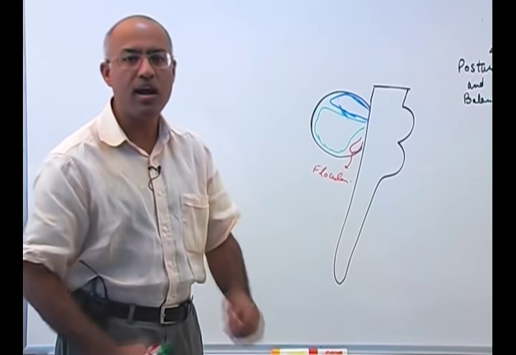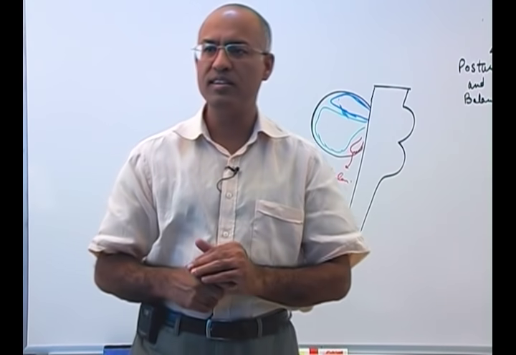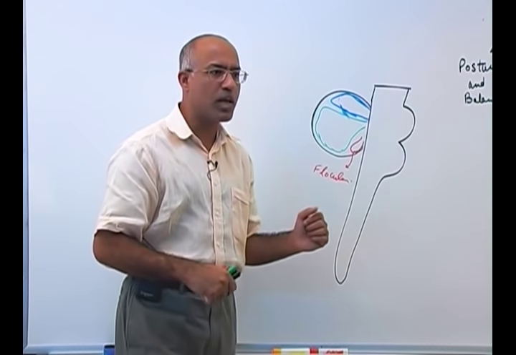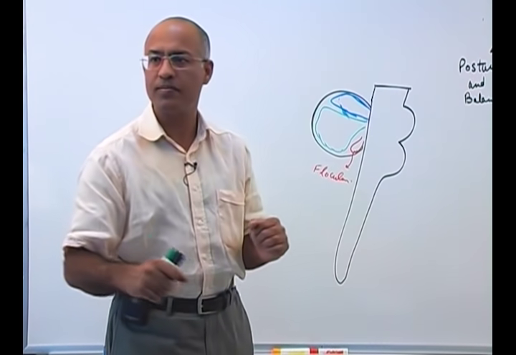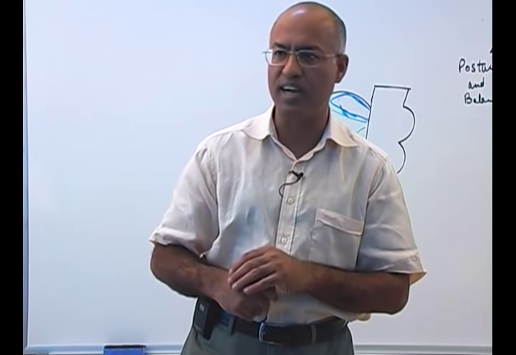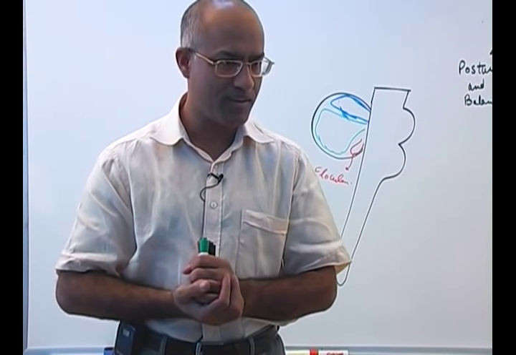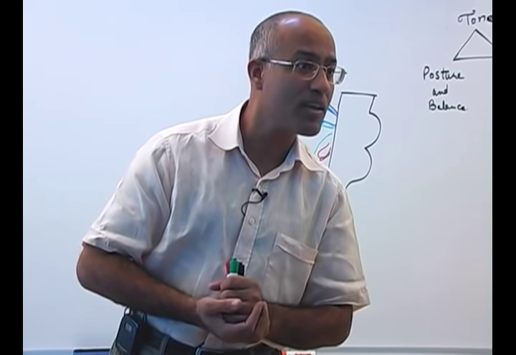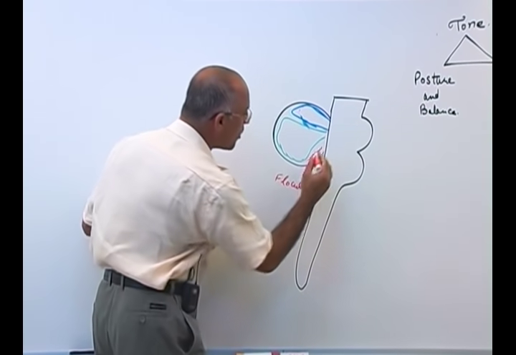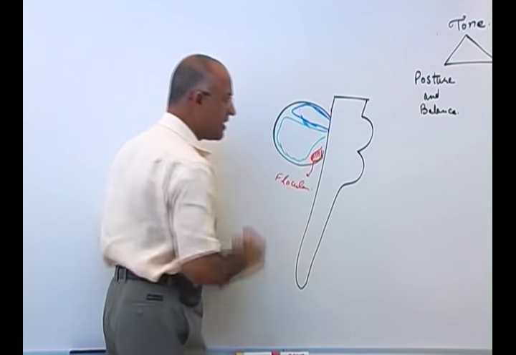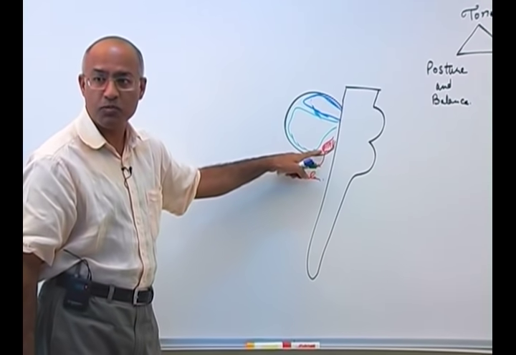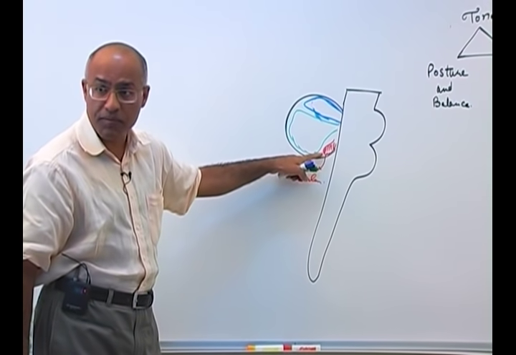Now, out of this, the most primitively developed area is which one? The area of the cerebellum which is even present in the fish. Very good. This part of the cerebellum is most primitive.